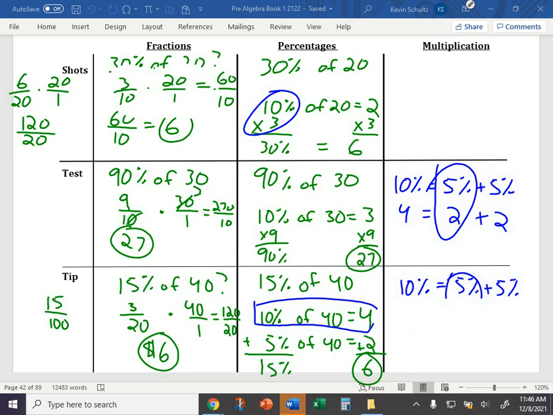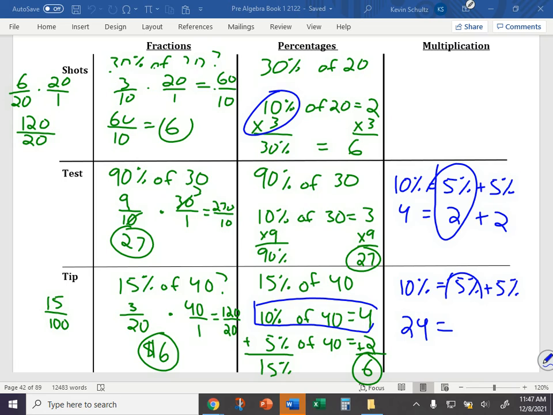So, Quentin, do you agree that 10% is equal to 5% plus 5%? Of course. So, if I told you that 10% of a number was 24, I asked you for 5% of that number, what 2 of the same number add to be 24?